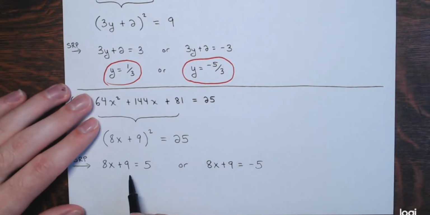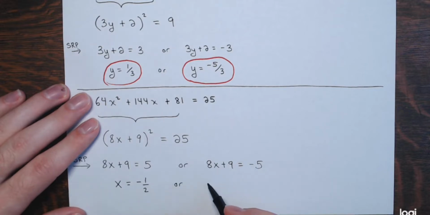So here's this equation: subtract 9, 5 minus 9 is negative 4, divided by 8 would be negative 1/2. Negative 4/8, negative 1/2. Or here, subtract 9, negative 5 minus 9 is negative 14, divided by 8. Now negative 14/8 is negative 7/4 when reduced.